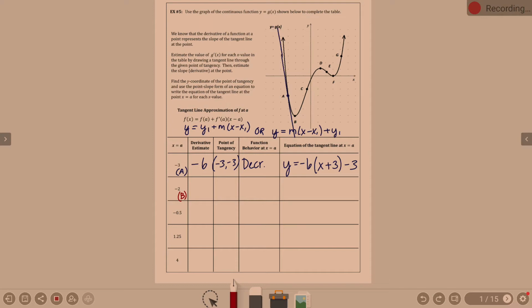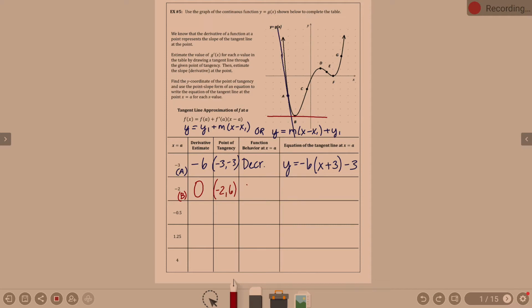When x equals -2, what's our tangent line? It's a horizontal, yes. And so the derivative, because that's a minimum, is going to be 0. Point is -2, -6.